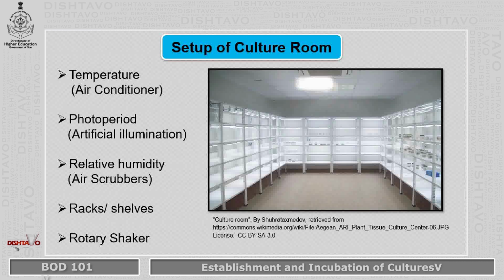In case there is any excess amount of humidity present in the culture room, then this excess humidity is taken out by the air scrubbers. And yes, the culture room has racks or shelves on which the culture vessels are placed. In case there is liquid culture, then this liquid culture, which is in the culture flask, has to be placed on the rotary shaker because liquid cultures require aeration.